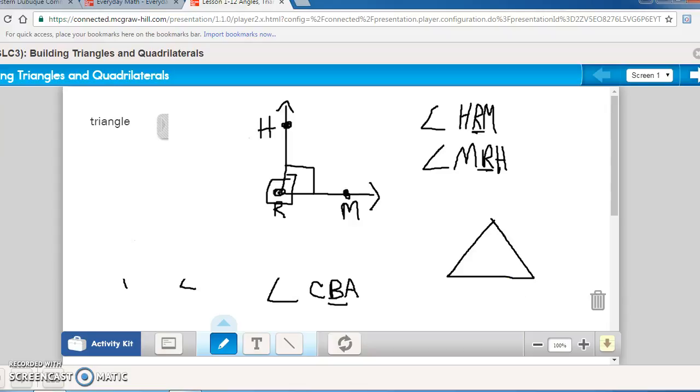Work with your other straws and see how many different right angles they can include in a triangle. You might need to experiment with different size straws. So no matter how many we do, if we have 3 straws of varying lengths, you will always only have 1 right angle.